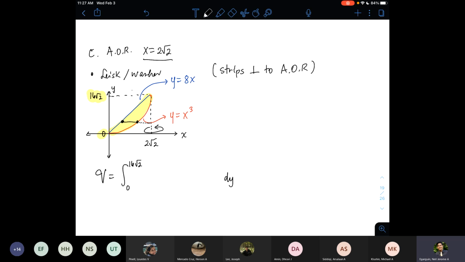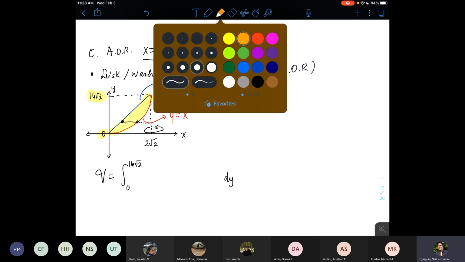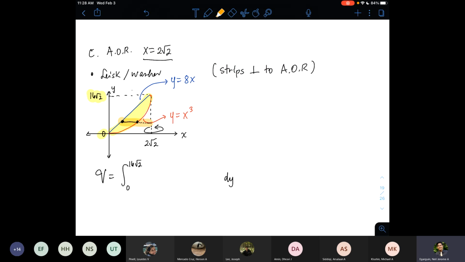And then the integrand. To know the integrand, we need to determine: is it a disk or a washer? What are the cross sections? How do you determine it? Remember I have drawn a horizontal strip earlier. That's my horizontal strip, and part of it is outside of the shaded region.